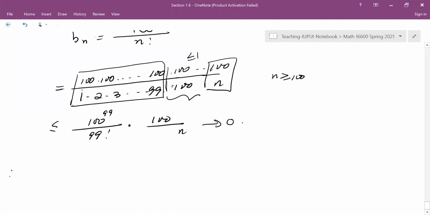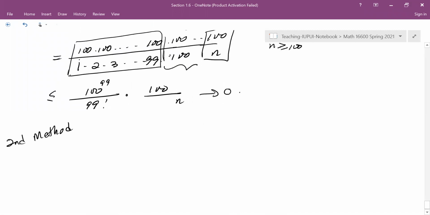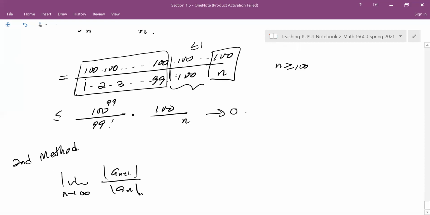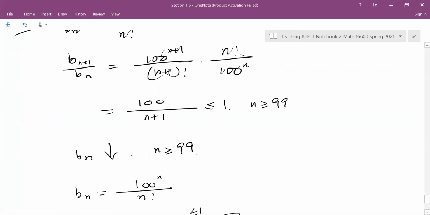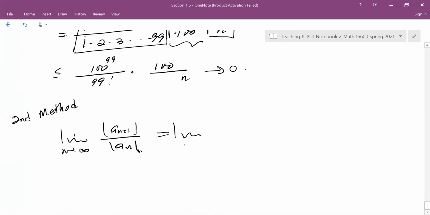Second method, use the ratio test. You consider this ratio. We already simplified this ratio, right? It's easy to see that after you simplify, it's just 100 over n plus 1.